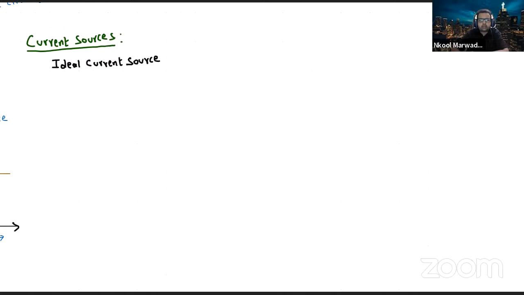In the ideal current source, what is the property? Let us first try to understand that. What makes the current source ideal?